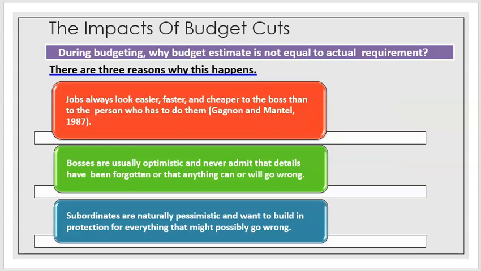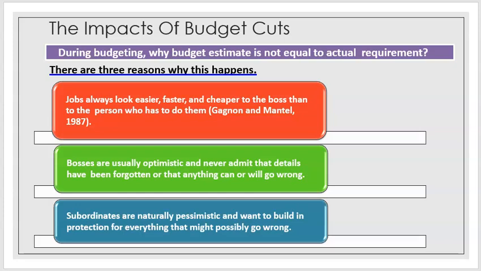Okay, so the impacts of budget cuts, for example, during budgeting, why budget estimate is not equal to the actual requirement. There are three reasons why this happened. The jobs always look easier, faster, and cheaper to the boss than to the person who has to do them.